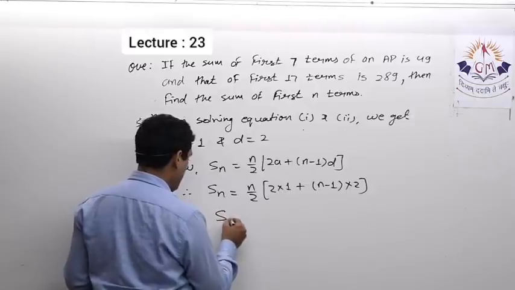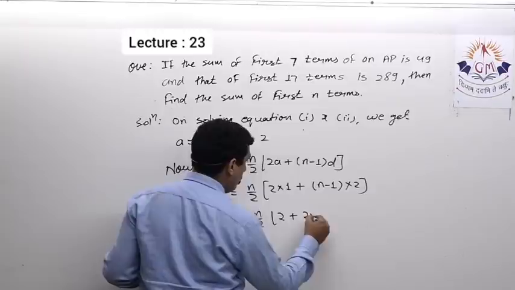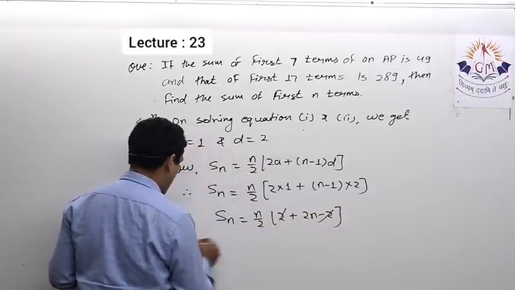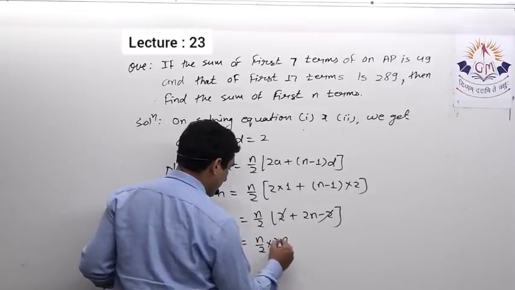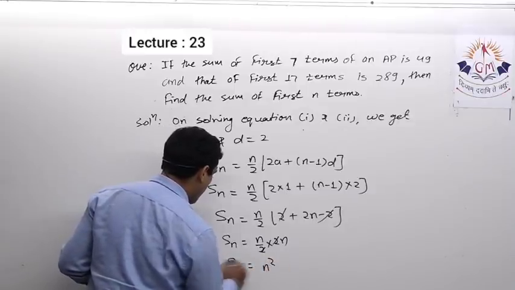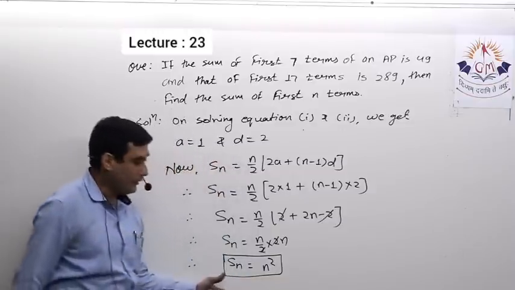So Sn is equal to n by 2, 2 plus 2n minus 2. Minus 2 plus 2 cancel. So Sn is equal to n by 2 into 2n. 2 and 2 cancel. So Sn is equal to n square. As I told you that it should be something like this.